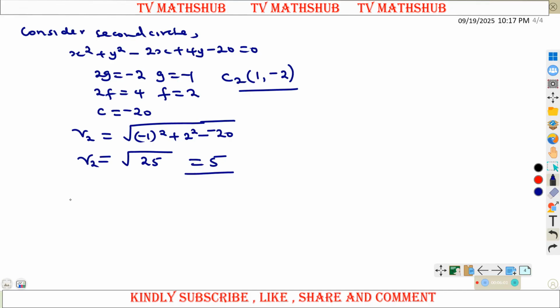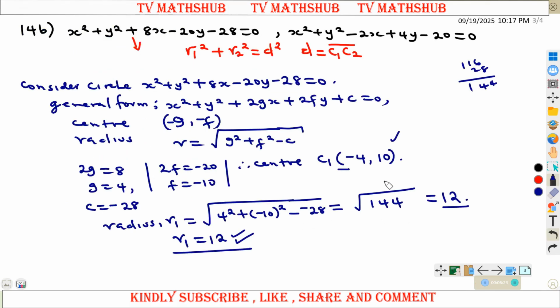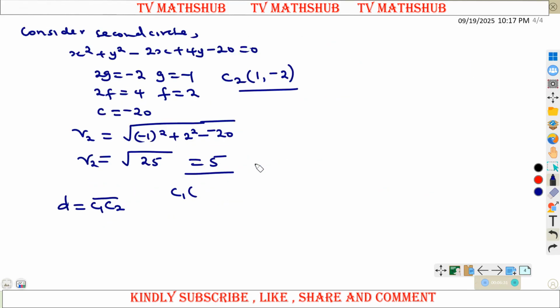So from here, we are interested in getting d, which is center 1 to center 2, that is the distance between the two centers. So how best can we get that? This distance is the distance between 2 points. C1, we got it as negative 4, 10.